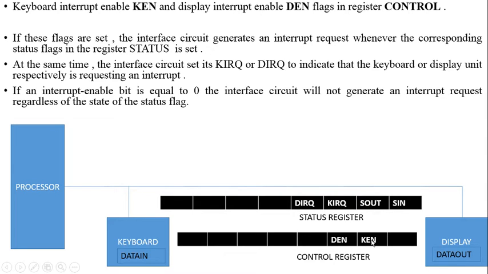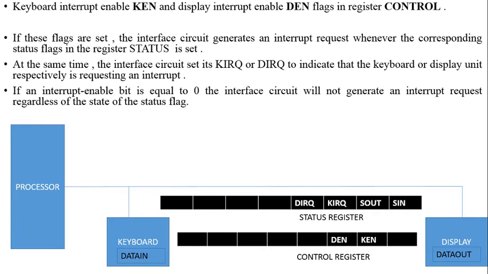In our example, KEN value equal to 1 and DEN value equal to 0. KEN equal to 1 means the keyboard is used by the currently executing program, and DEN equal to 0 means the display unit is not going to be used by the currently executing program.